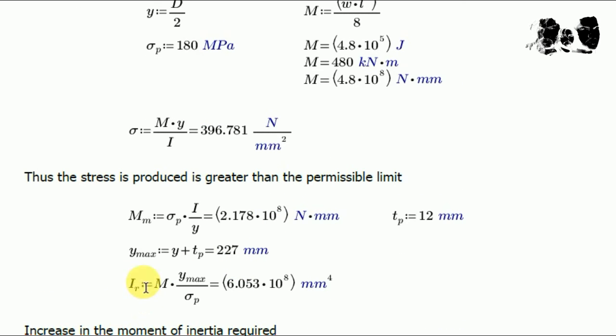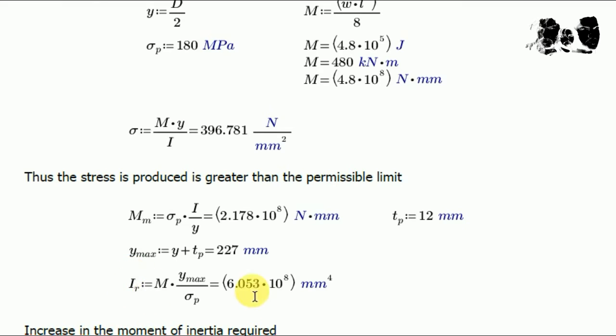Then we have a different, or say revised, moment of inertia based on the moment value due to the load, which is M into y max upon sigma p, which is the permissible limit of stress. So this is the permissible stress limit under this moment.